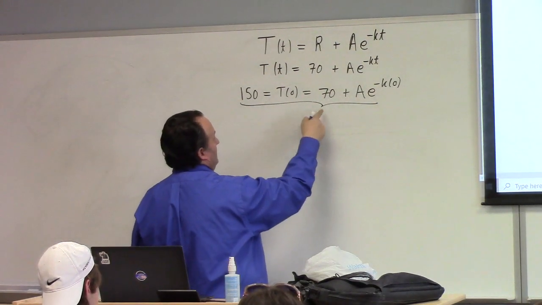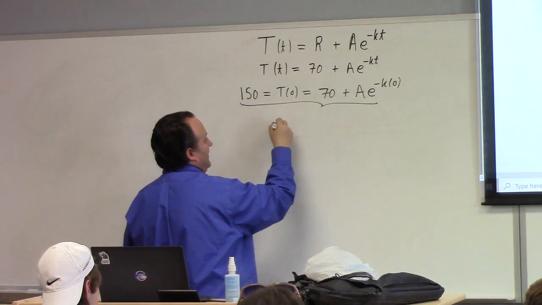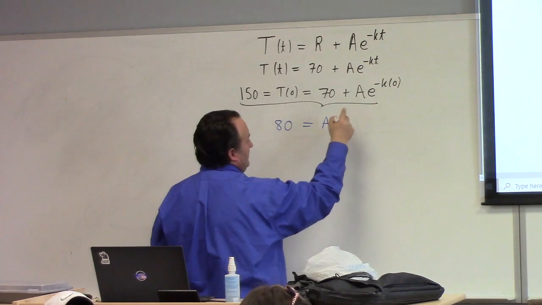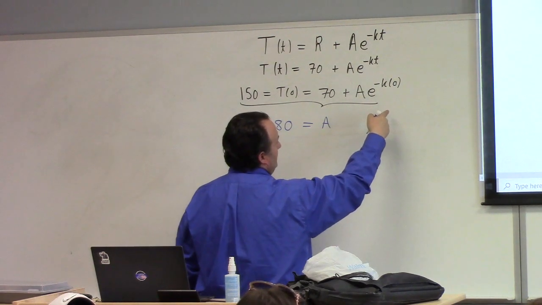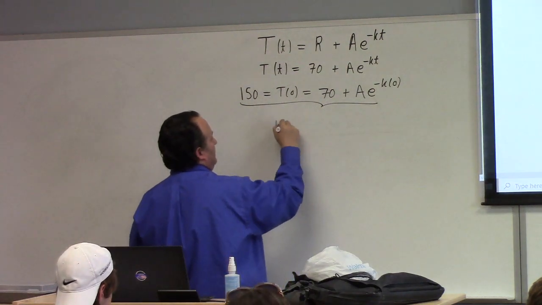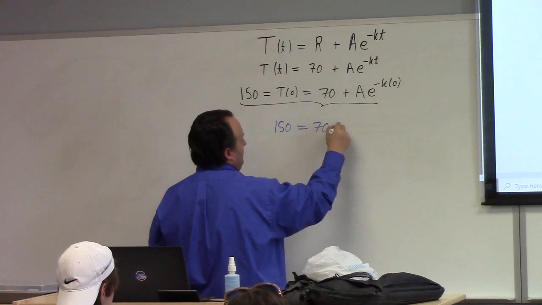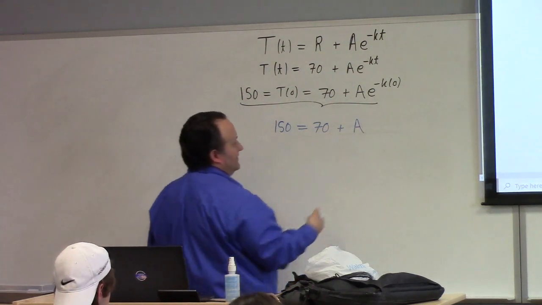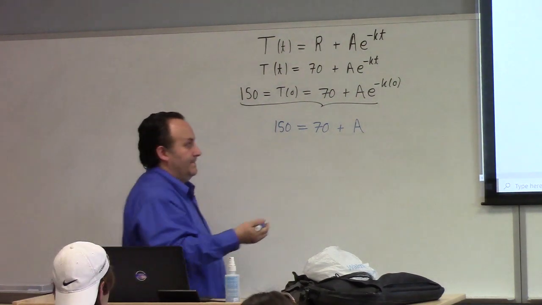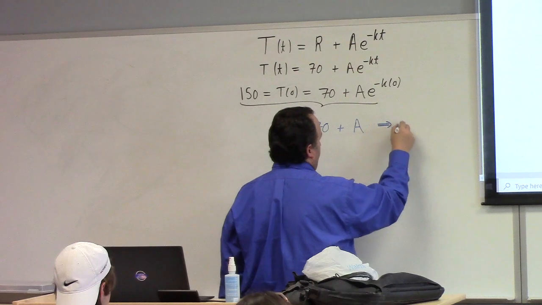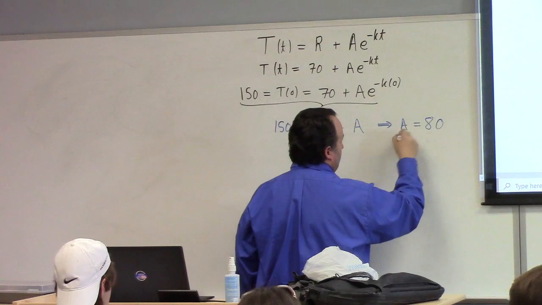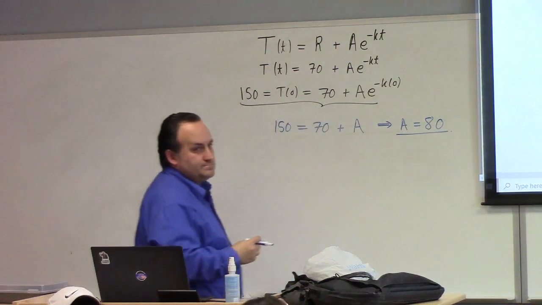Because e to the 0 is 1, you've got 150 is equal to 70 plus just a. I can subtract 70 to the other side, so a is equal to 150 minus 70. A is equal to 80. All right.